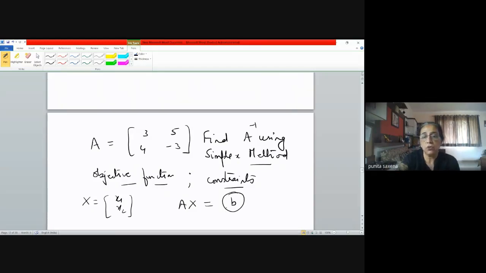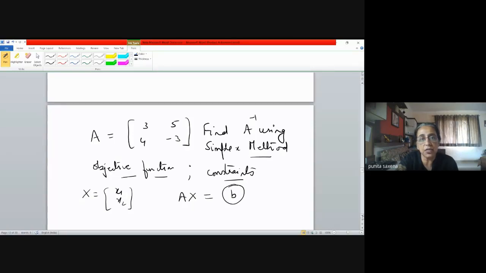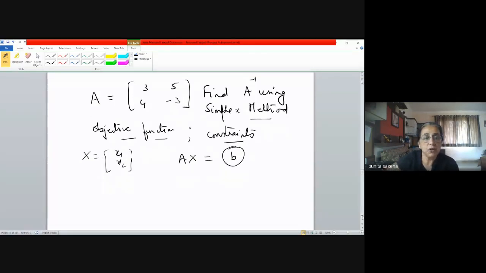So I can convert this into something of the form 3, 5, 4, minus 3 times x1, x2 equal to. Now this right-hand side I can choose randomly, depending upon the values here.